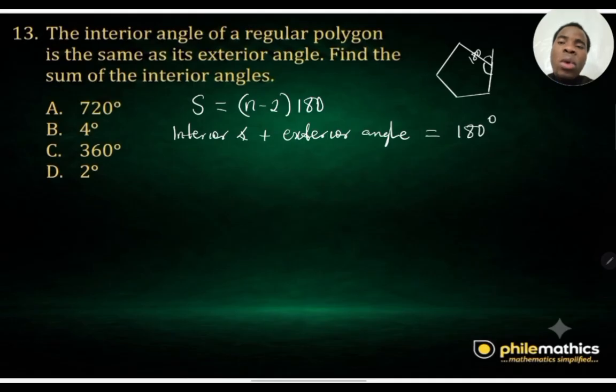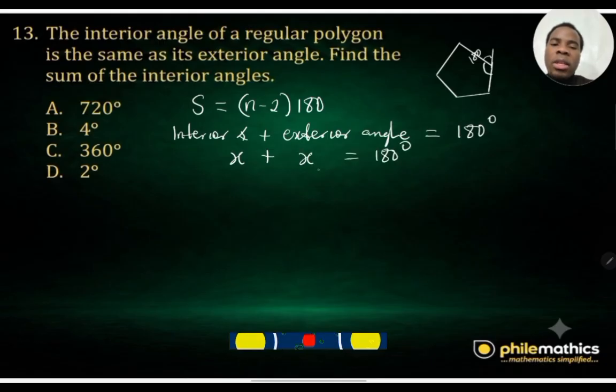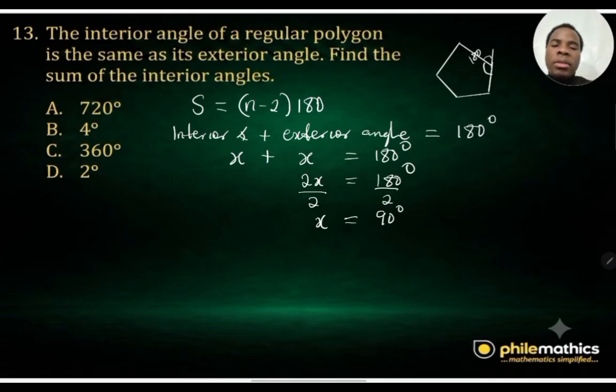And so if we are told that the interior angle and the exterior angle are the same, let's say the interior angle is X, the exterior angle is also X, this sums up to 180, so 2x equals 180 degrees, and if we divide both sides by 2, we'll find that our x is 90 degrees.